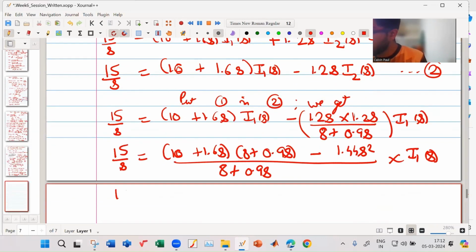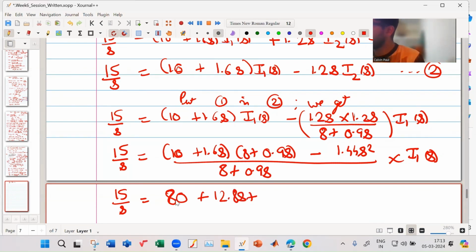So we get 15 upon s. What is 10 into 8? That is 80. Plus 1.6 into 8, that is 12.8s.